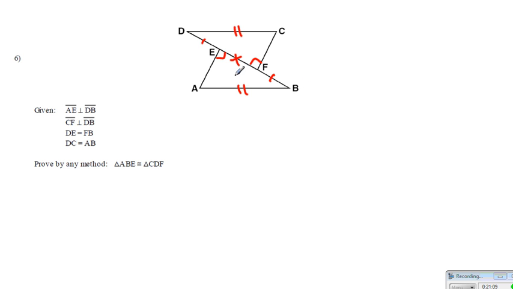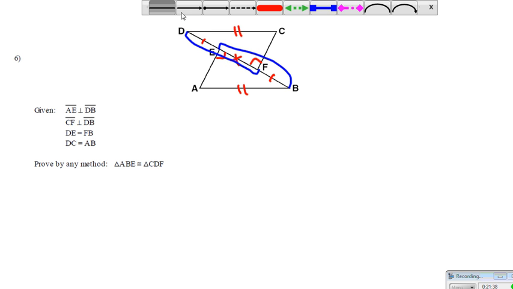Alright, then in order for you to prove these two triangles to be congruent, it looks like we might have to use the addition postulate. By adding these two line segments must be equal to adding these two corresponding parts. Alright, then we get to once again realize, because it's a right triangle, we get to have hypotenuse leg, just like earlier.